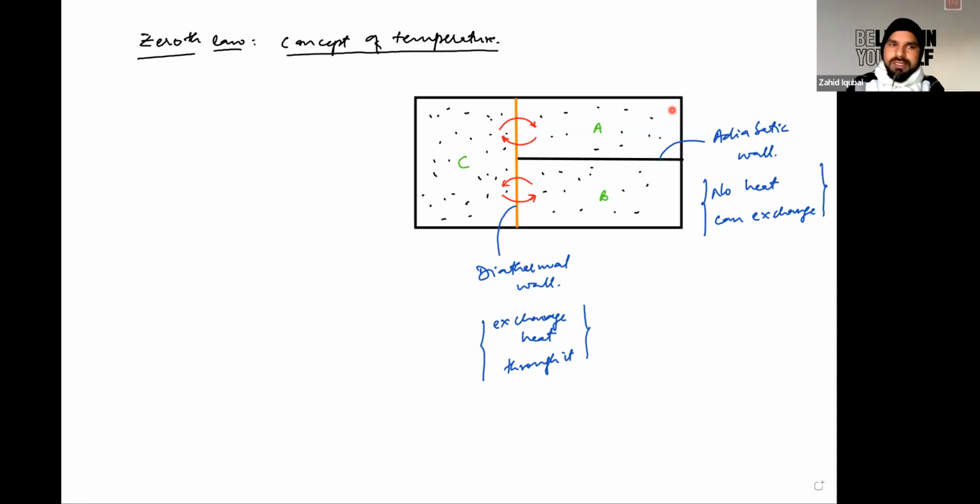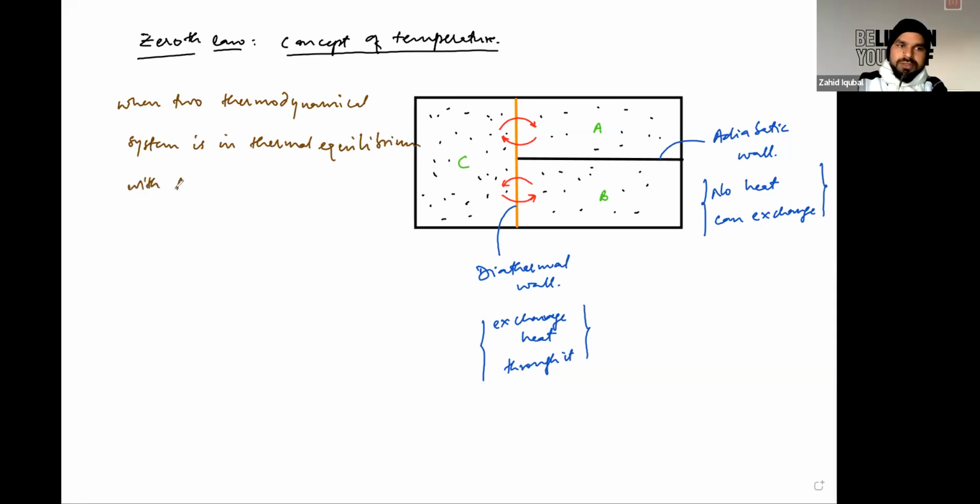So from this part, we can state: when two thermodynamical systems are in thermal equilibrium with a third system, then they must be in equilibrium with one another.